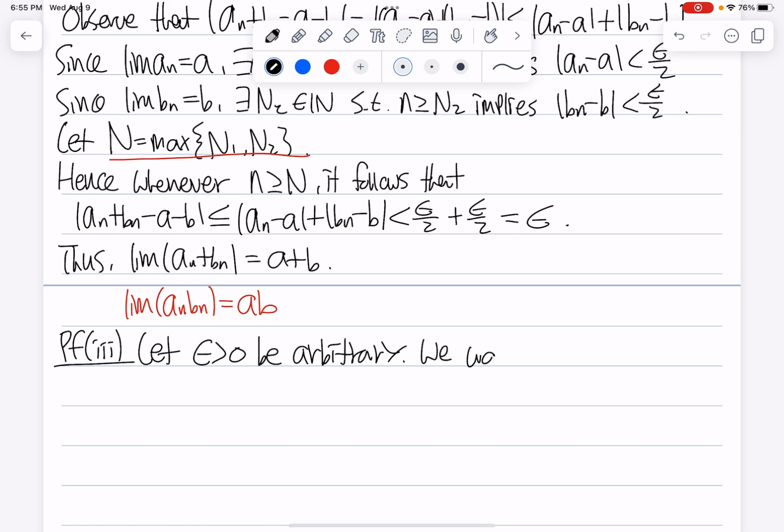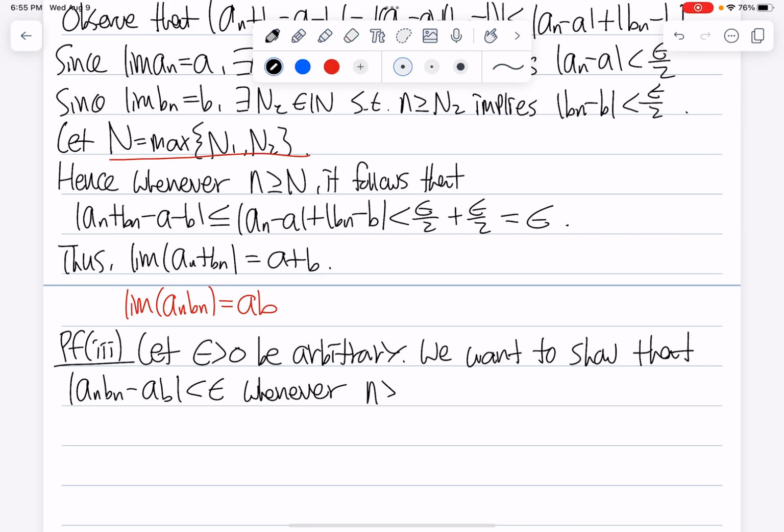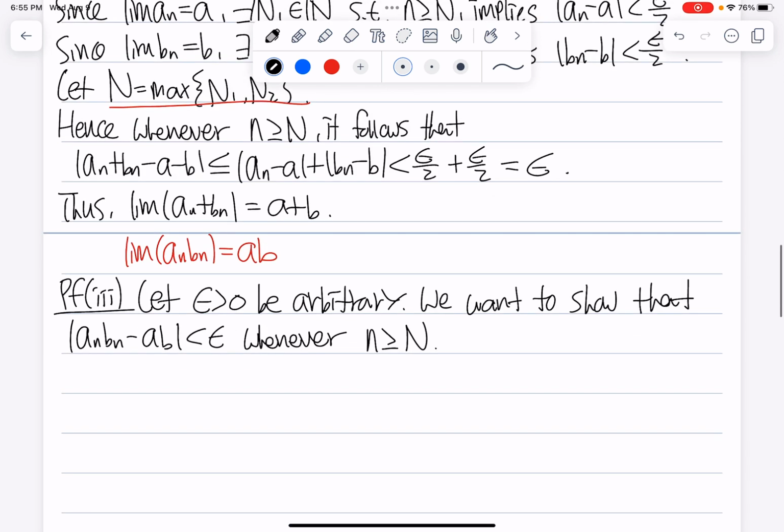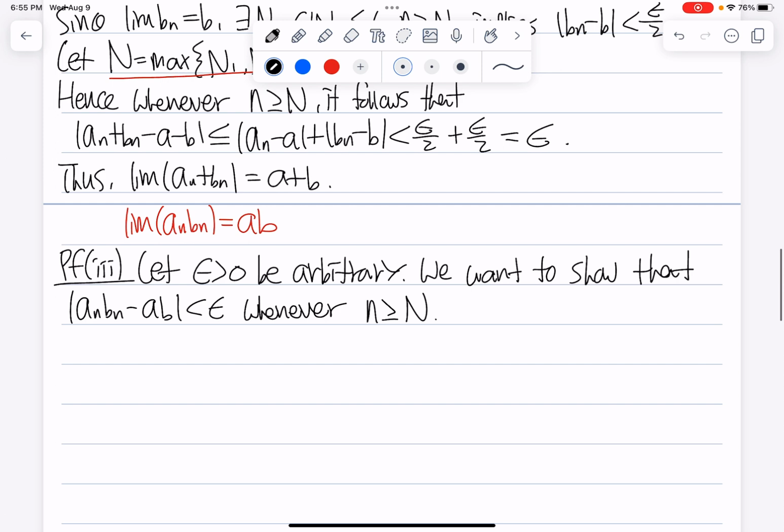We want to show that |an bn - ab| is less than epsilon whenever n is greater than or equal to big N. So we want to find this big N where after that term big N, this inequality is satisfied.